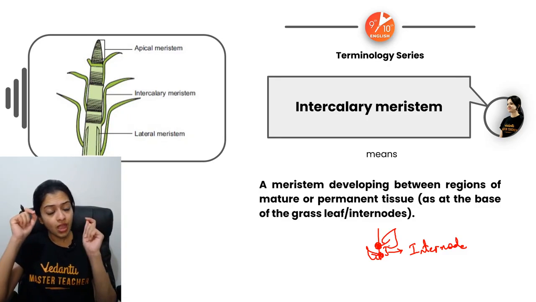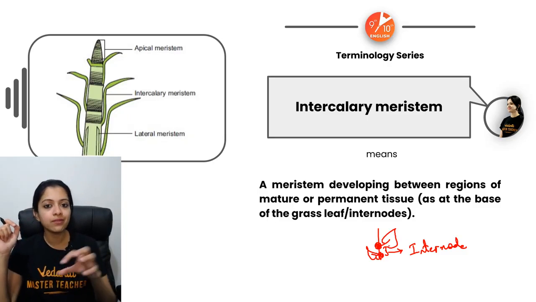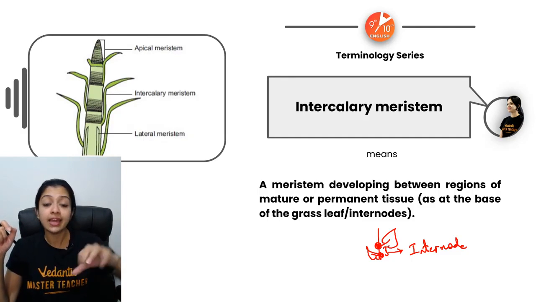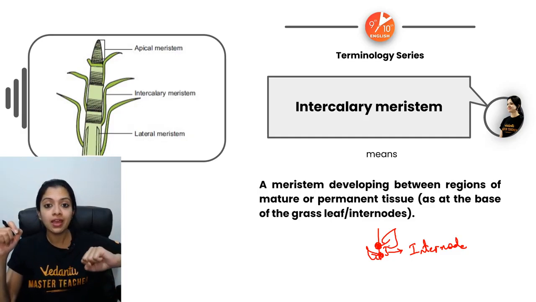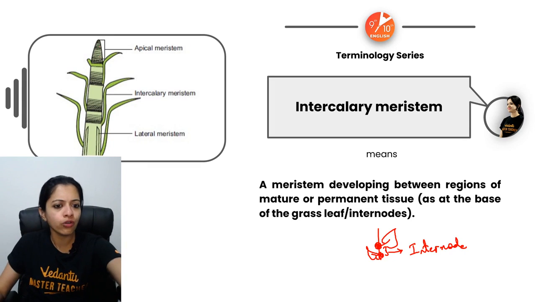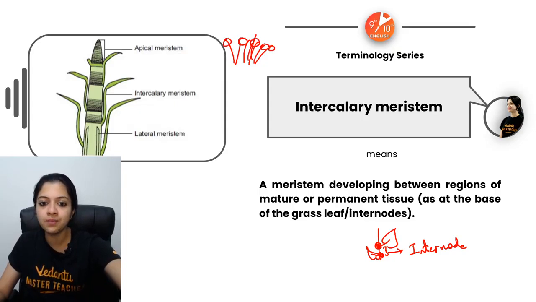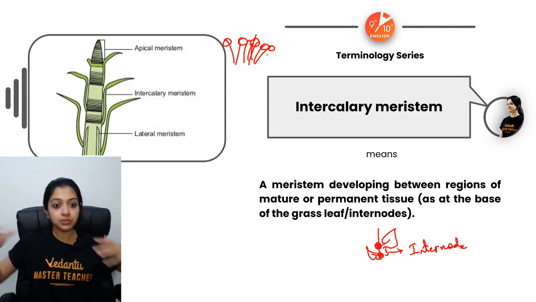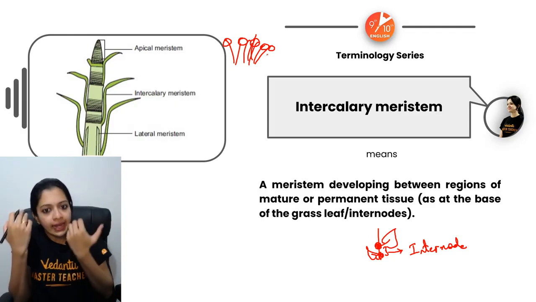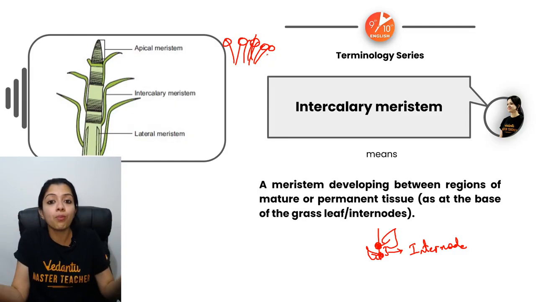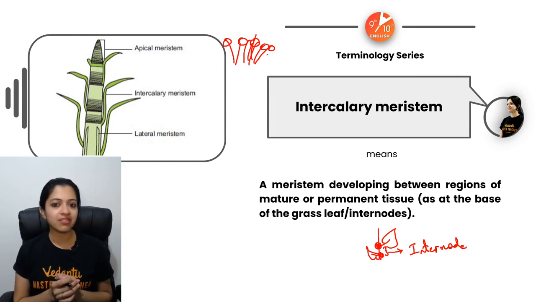Because when these herbivores are feeding on the grass, they are actually feeding off the apical meristem. They are feeding off all this top portion, right? If this is the grass, all these herbivorous animals are chewing off all the top portions of the grass, which means apical meristem is lost. Despite that, how do they grow back to normal? It's because of intercalary meristem.